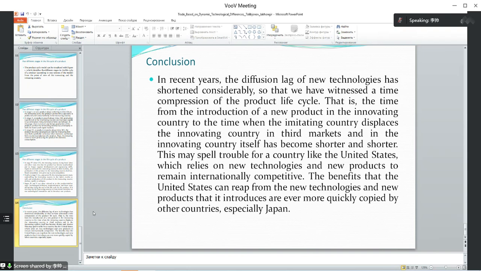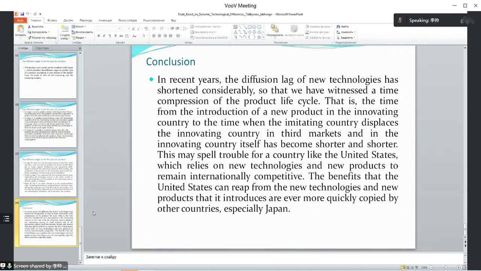In conclusion, we can say that in recent years, the diffusion lag of new technologies has shortened considerably, so that we have witnessed a time compression of the product life cycle. That is, the time from the introduction of a new product in the innovating country to the time when the imitating country displaces the innovating country in third markets and in the innovating country itself has become shorter and shorter.